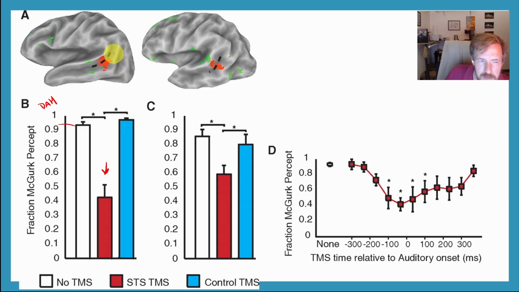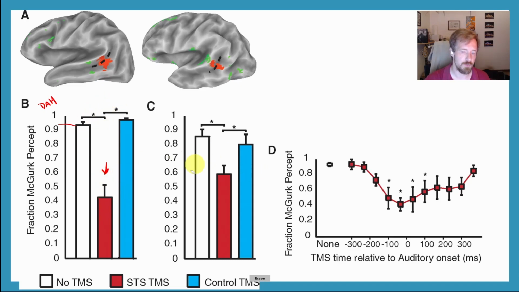I want to say it was a little bit further back around this region over here. And what they found is that it didn't make a difference. Performance on the two control conditions was pretty much the same. They did that just to show that it's not just that TMS is ruining people's ability to perceive language. People can still perceive language when they have the TMS in a different area. It's only for the superior temporal sulcus that this happens.